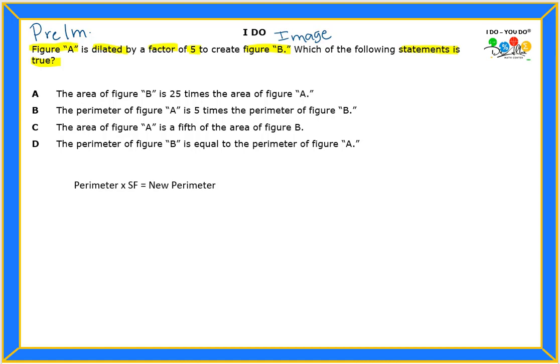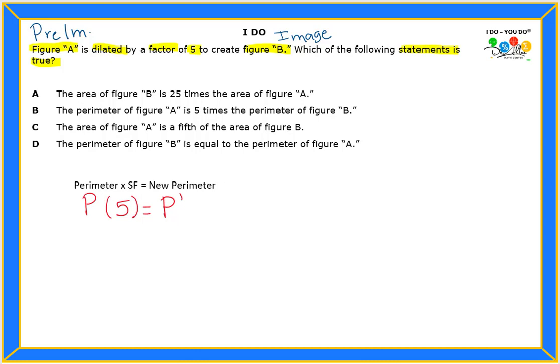So let's check it out. Do I know the perimeter of figure A? No. So we're just going to say perimeter times scale factor. Do I know the scale factor? Yeah, it is 5. And that will give me the perimeter of my new figure, or my prime.